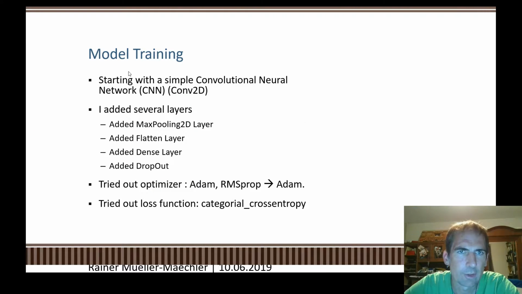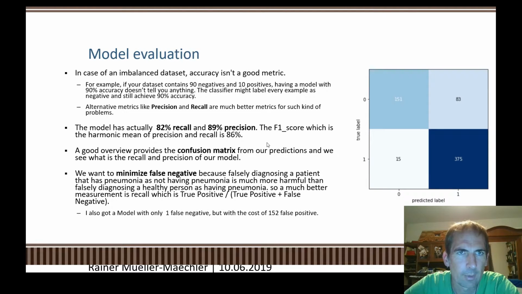So we are back in the slides. We saw how the model was defined. We already saw the confusion matrix and the recall and precision. The recall, which is the best metric to measure false negatives, is 82%, and we cannot just provide accuracy because it's not a good metric for an imbalanced data set.